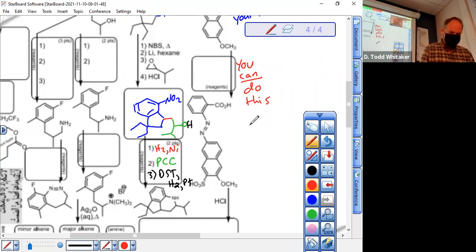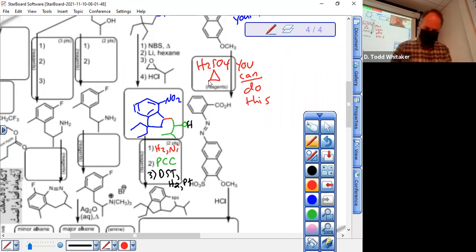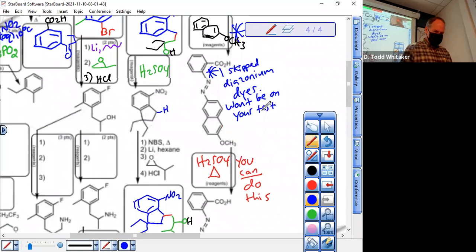And it's H2SO4 and heat. On this page a couple times. Big long roadmap. And I'm putting a star here. You're not responsible for that. I skipped diazonium dyes, won't be on your test.